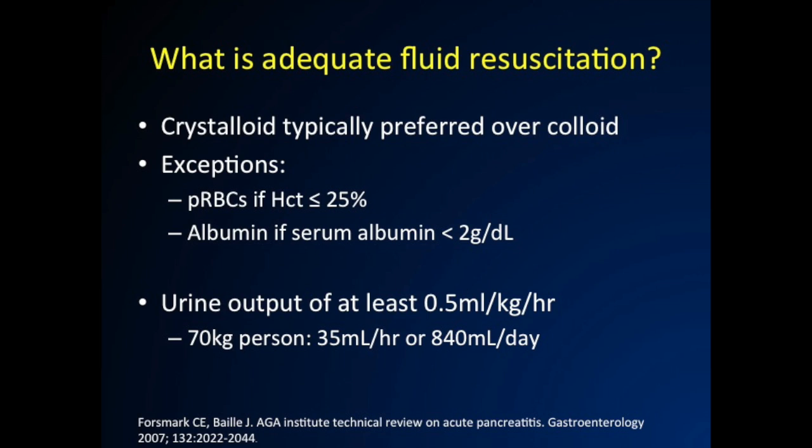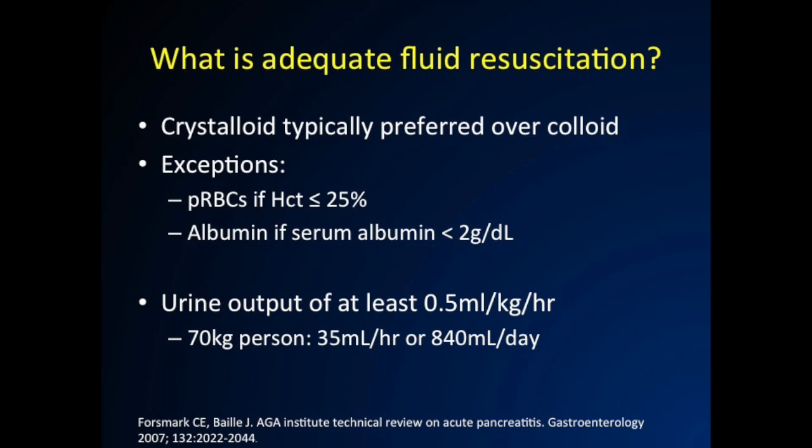basically. What is adequate fluid resuscitation? This is from the AGA guidelines, and then I'll talk about the type of crystalloid on the next slide. Crystalloid is, generally speaking, preferred to colloid. The exceptions would be if someone is very hypoalbuminemic or anemic.